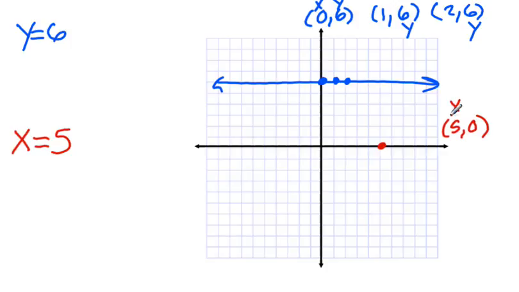So the x value is 5 and the y value is 0. Think about other ordered pairs that would have a 5 first. Well, you could have lots of different possibilities here. Maybe I want to put a -3 in there. So I go out to 5 and down to -3. Or maybe I choose 5, 4. So I'll go out to 5 and up to 4.